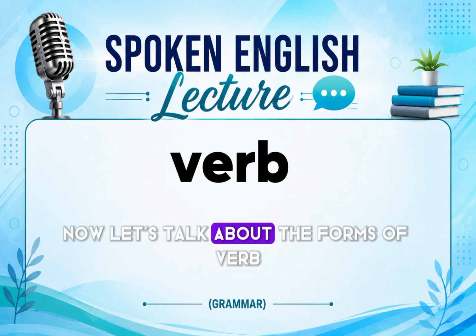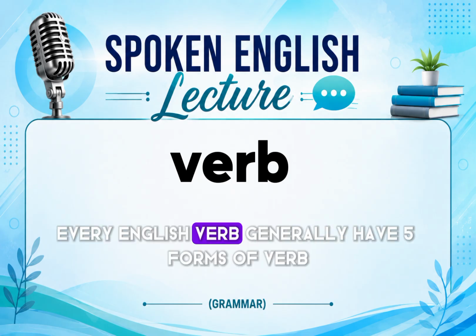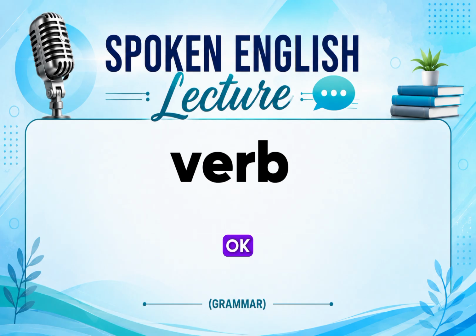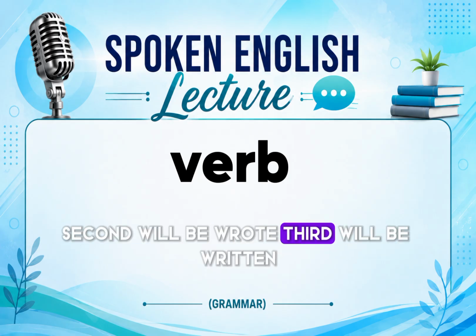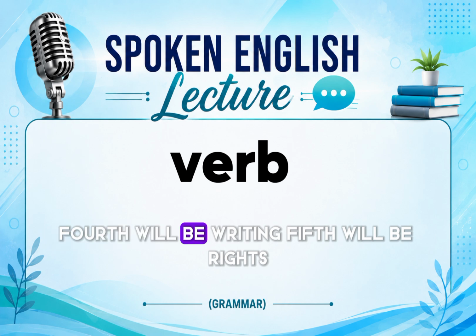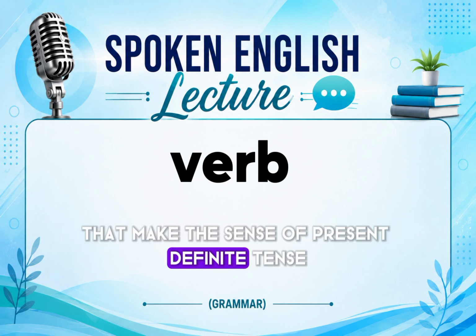Now let's talk about the forms of verb. Every English verb generally has 5 forms. For example, write. The first form of verb is write. Second is wrote. Third is written. Fourth is writing. Fifth is writes, which makes the sense of present indefinite tense.